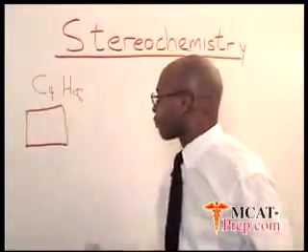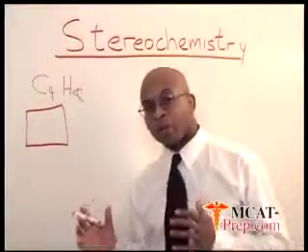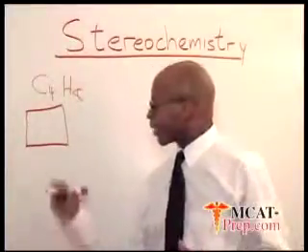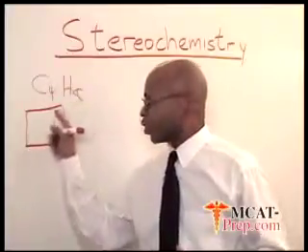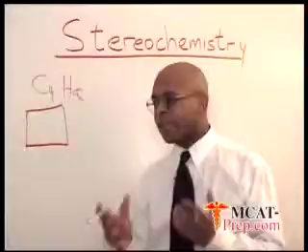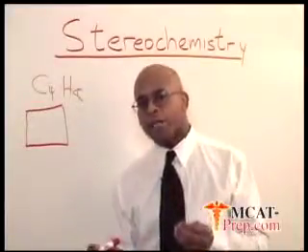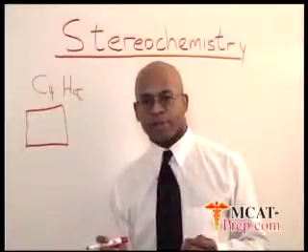C4H8 can also be represented by certain geometric figures. For example, this looks just like a box, but the routine in organic chemistry is that every corner of a geometric figure represents a carbon. Then you just need to keep in mind from your general chemistry that carbon bonds 4 times.